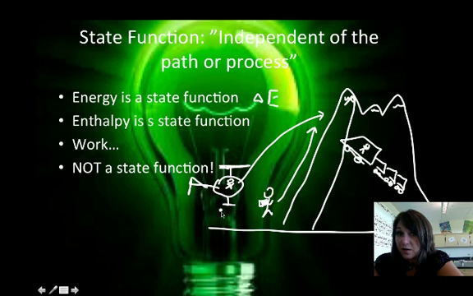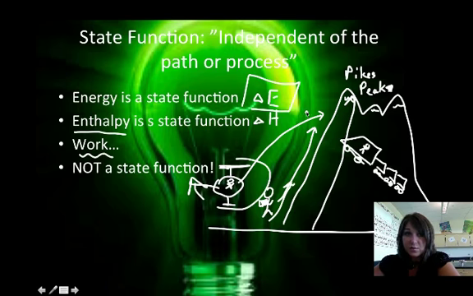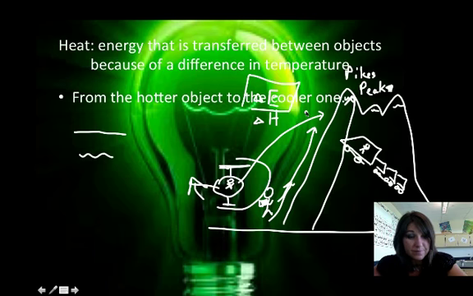Well, if we all started in Falcon and we all ended up at the top of Pikes Peak, then we all went the same distance. So if we all went the same distance, then that's kind of like a state function, right? It doesn't matter how you got there, what matters is the overall change. We just need the beginning and the end state.